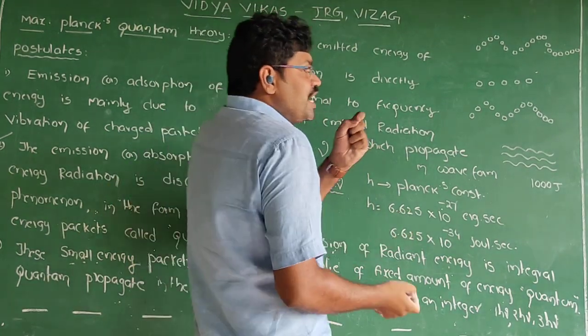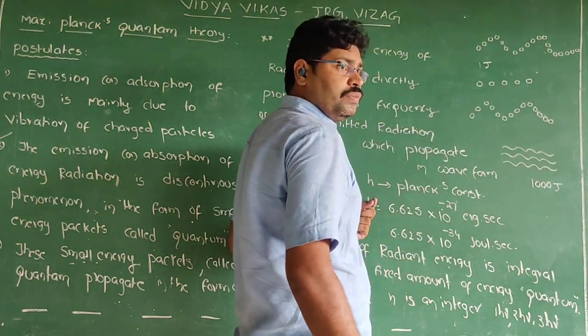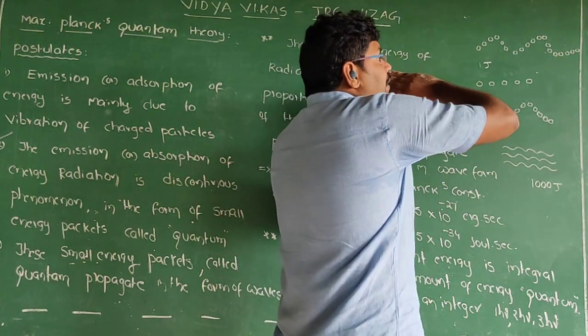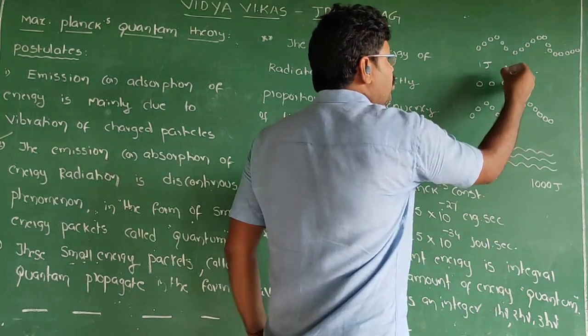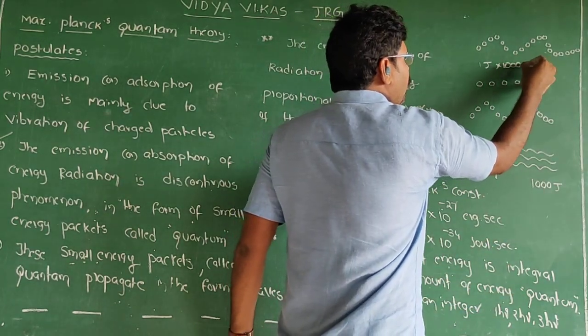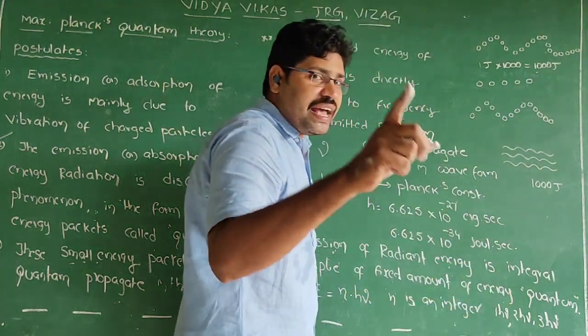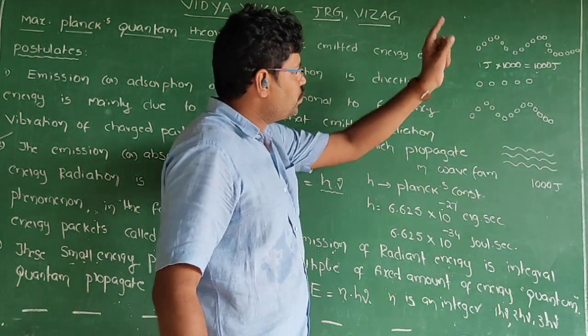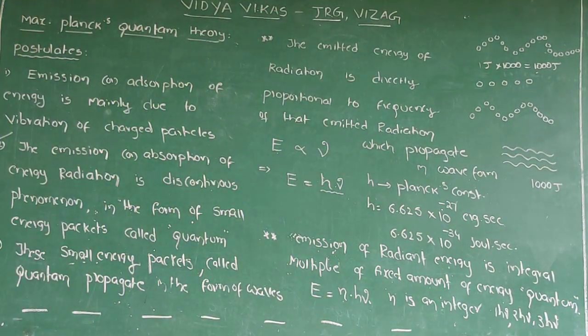If each energy of one packet is, just imagine 1 joule, there are total 1000 packets emitted out, means obviously total energy once again 1000 into 1 joule, 1000 joules, Mr. Maxwell. This is the explanation given by Mr. Planck. Dear students, very important one.